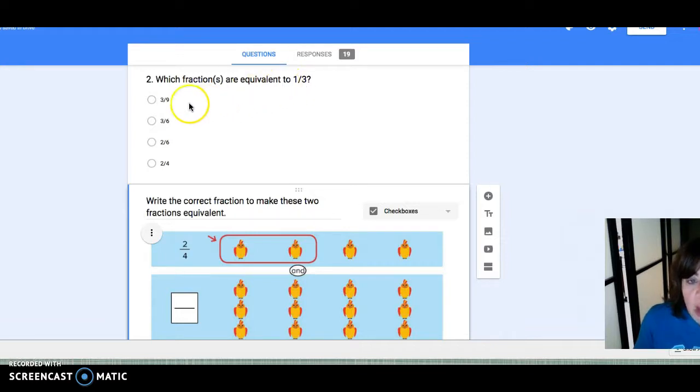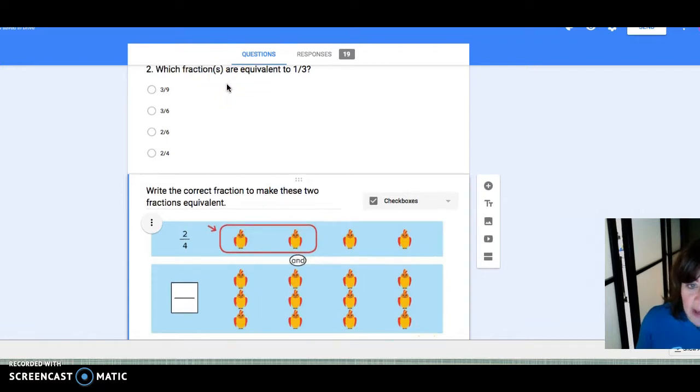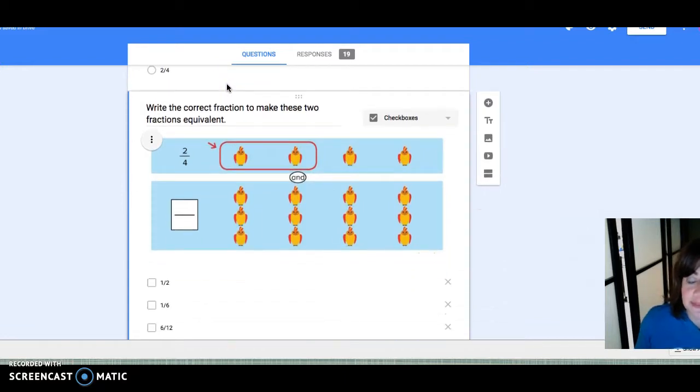So the answer was 3/9 and 2/6. And there was a chance for you to write 2 answers, or 3 or 4, because there's an S at the end of fraction, so that means there could be more than one right answer.